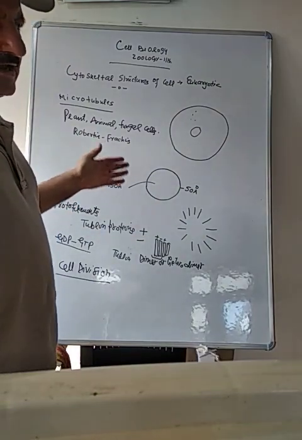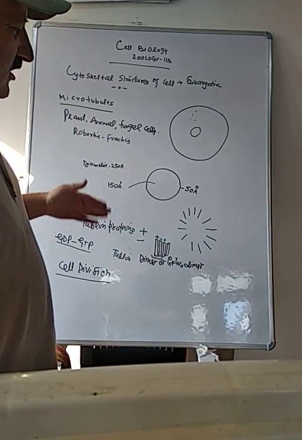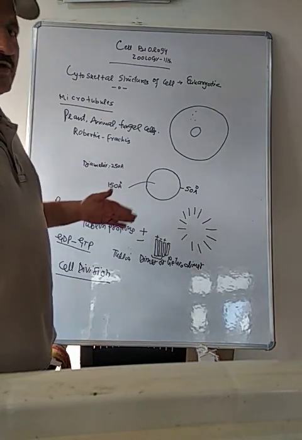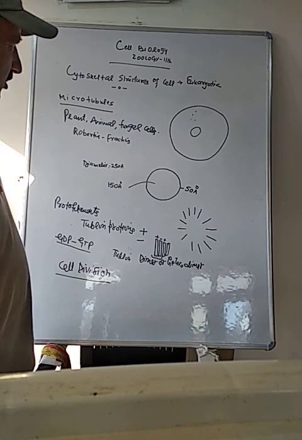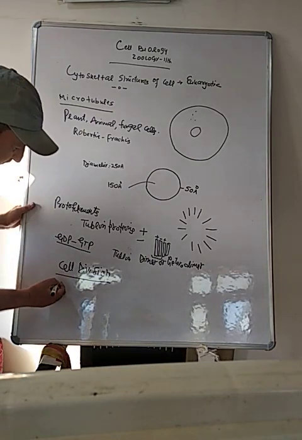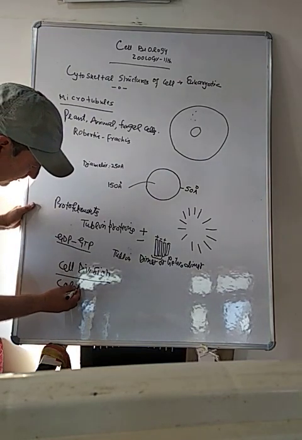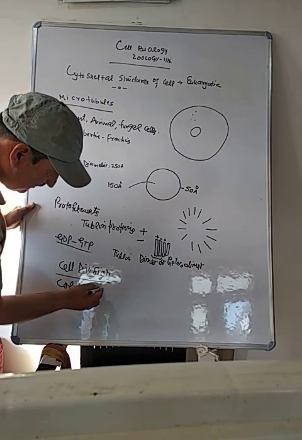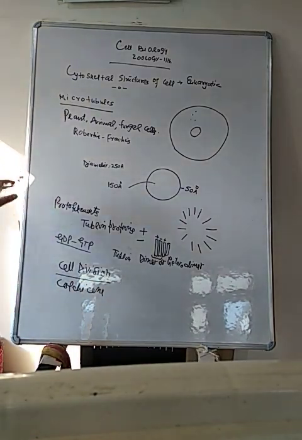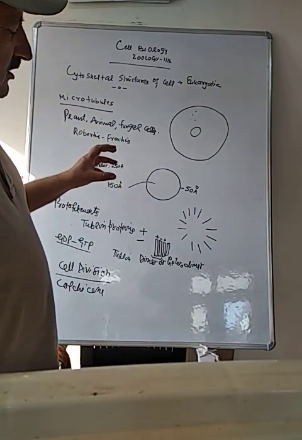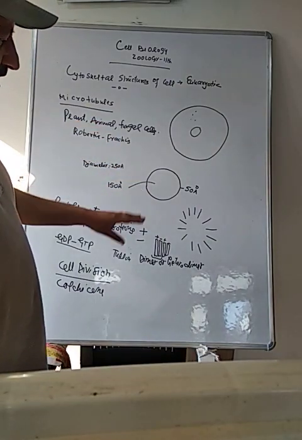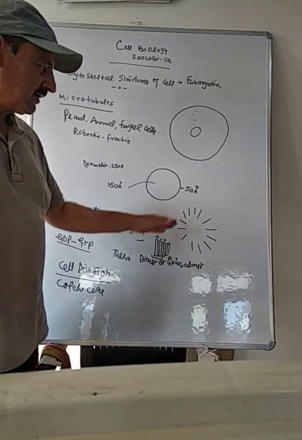Those dealing with agriculture, plants, etc., what do they do to increase the number of chromosomes? They use a chemical called colchicine. This chemical is sprayed when there is division of the zygote, mitosis of the zygote. They spray it, and that prevents this assembly.